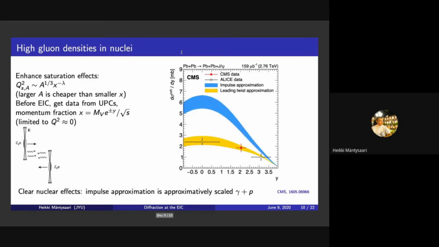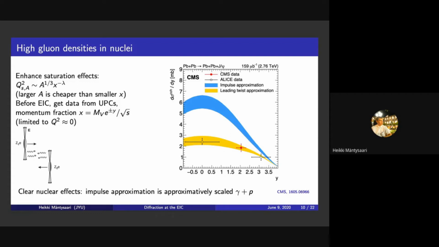To get larger densities, the density we characterize by Q_s, the scale that tells you when nonlinear effects become important. You can think of that as some measure of density. Of course, the density scales like A^(1/3). If you have a nucleus, then you have A^(1/3) nucleons aligned when you propagate through it.